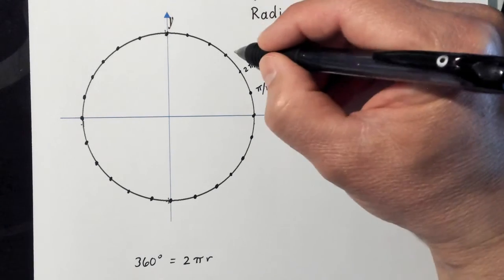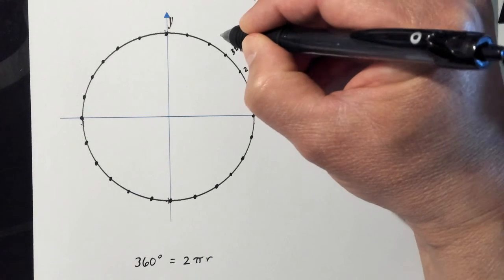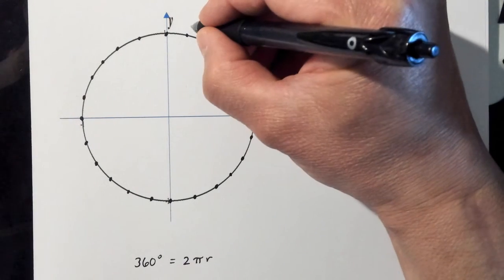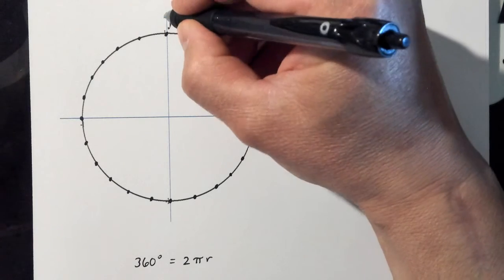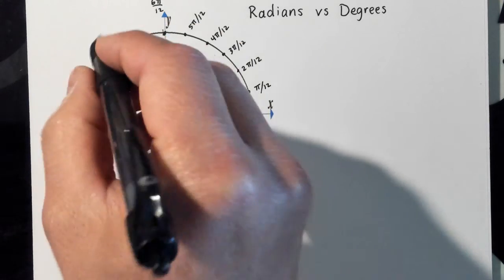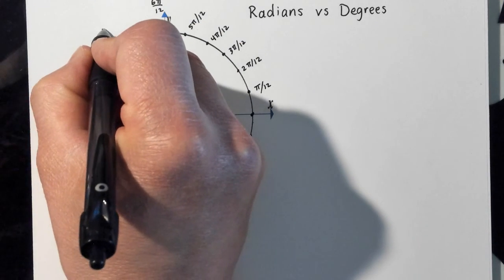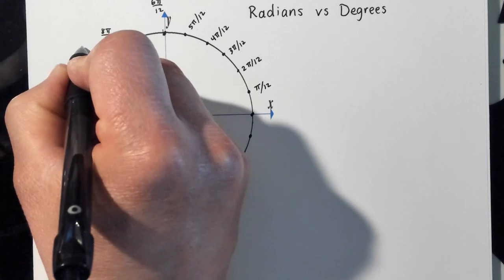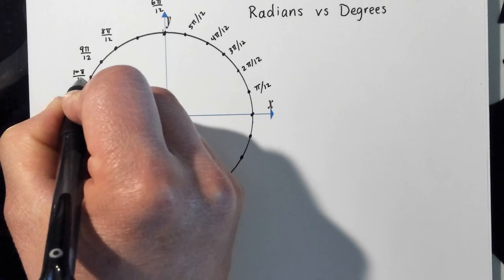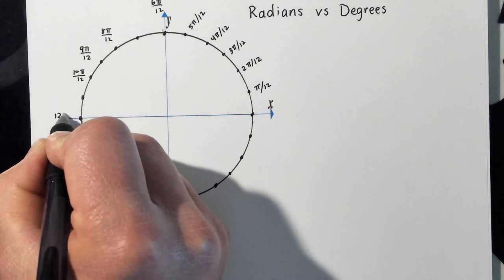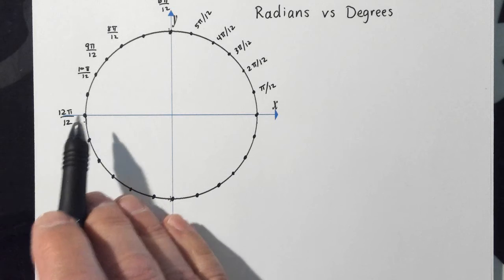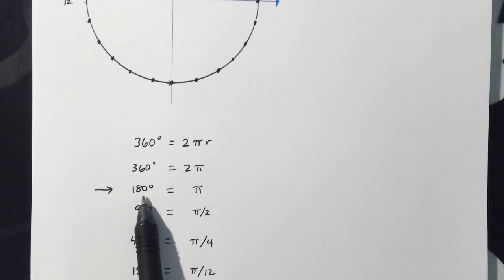There's 2/12 pi. 3/12. 4/12. 5/12. 6/12. 7/12. 8/12. 9/12. 10/12. 11/12. 12/12. 12/12, AKA 1 pi. Yeah. 180 degrees is equal to 1 pi. Right there. 180 degrees, 1 pi.